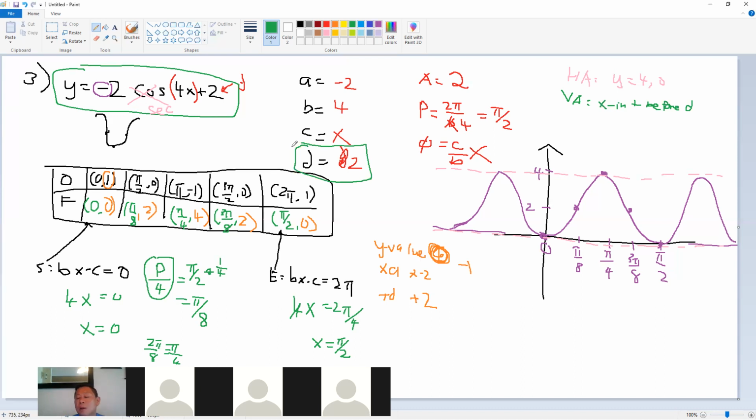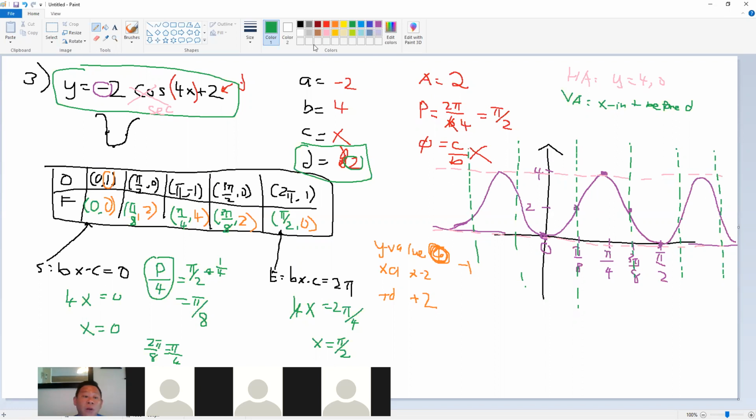So that means your vertical asymptote in this case is where it is at 2, the D. Anything that starts at 2, because you moved up, is usually at the x-intercept. Since we have a D, whether we move it up 2 or down, your vertical asymptote will be at this value.